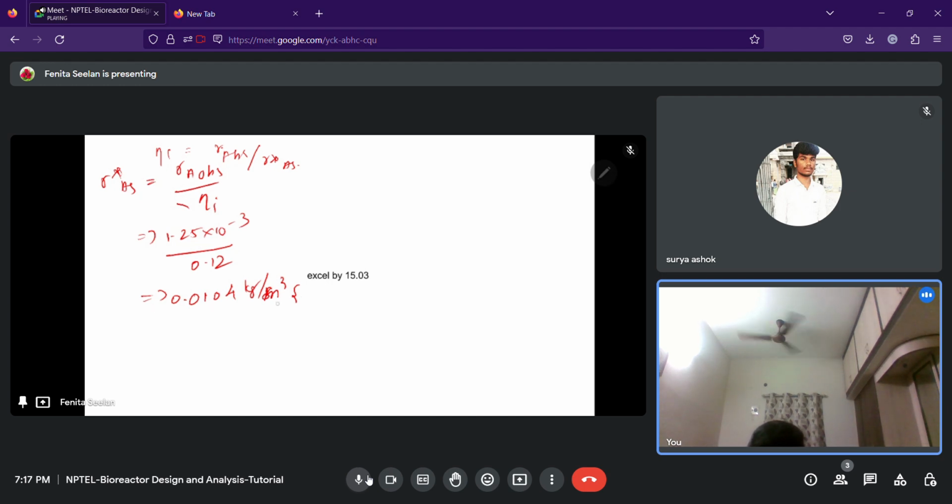In case of first order kinetics, how do we write a rate constant? Rate is equal to K1 into the concentration.